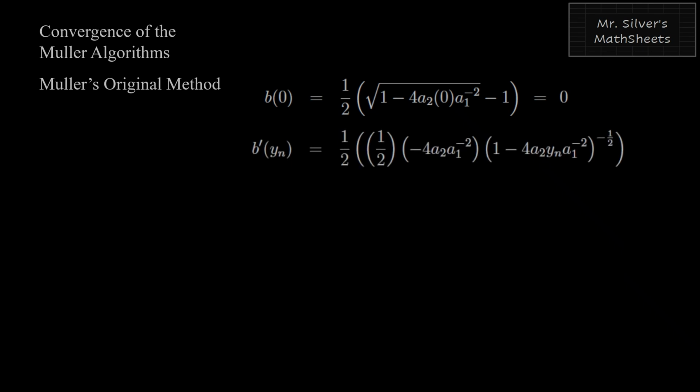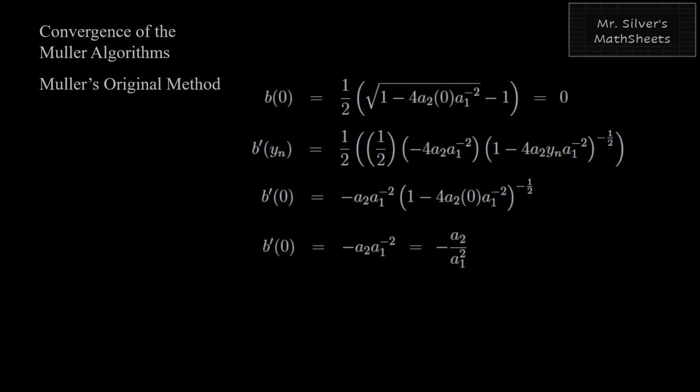The derivative, we just use the chain rule. And thankfully that expression on the far right that involves the negative exponent, that's just going to be 1 when we put y equals 0. So it actually simplifies quite a bit. b prime is minus a2 over a1 squared.